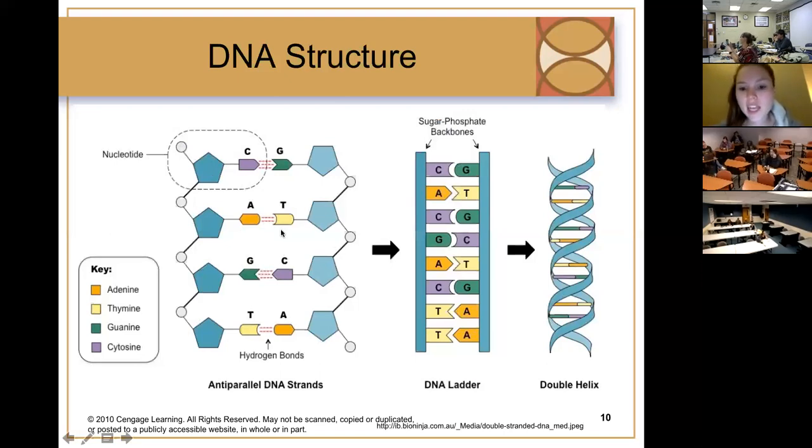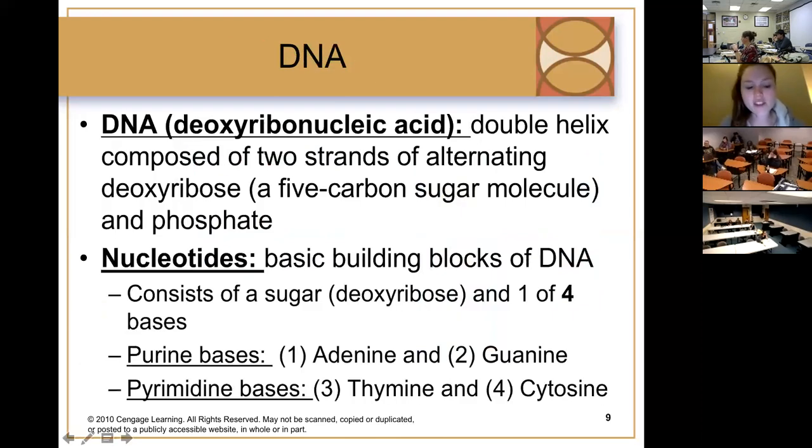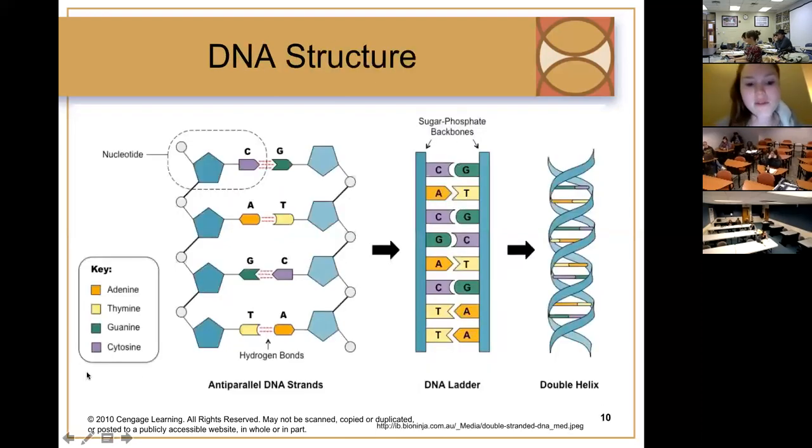So you're always going to have a purine base paired with a pyrimidine base. Does everybody see that? Adenine is paired with thymine, and cytosine with guanine. That's always going to happen. How these are arranged depends on your genetic code, but those pairs will always be the same in everybody's DNA.